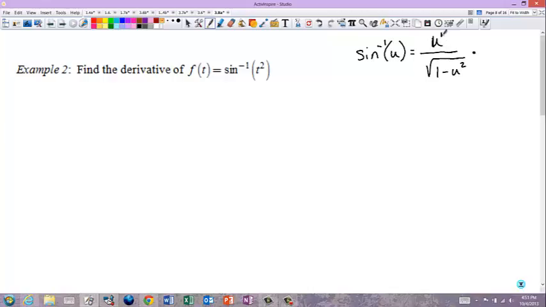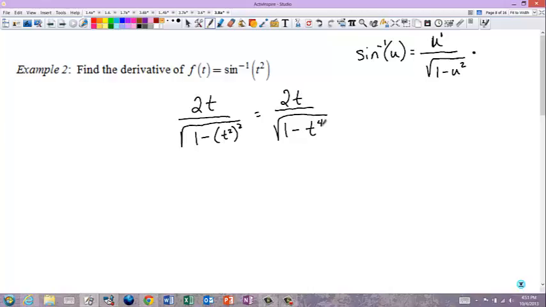So it's u prime, 2t, over the square root of 1 minus u squared, where u is t squared. So you would end up with 2t over the square root of 1 minus t to the fourth. These are very easy, but you have to memorize them first. That's the part that kind of sucks.